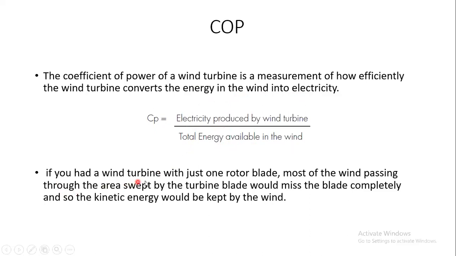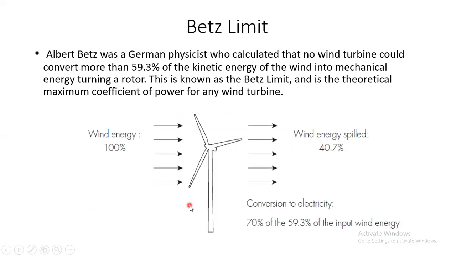If you had a wind turbine with just one rotor blade, most of the wind passing through the area swept by the turbine blade would miss the blade completely, and so the kinetic energy would be kept in the wind.